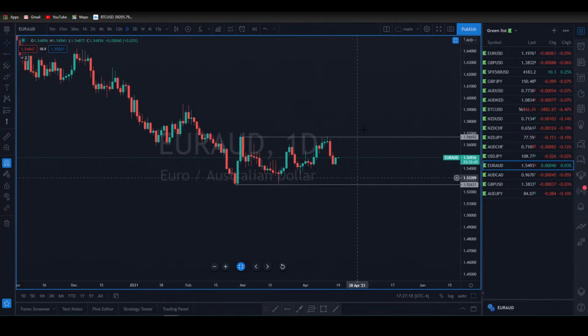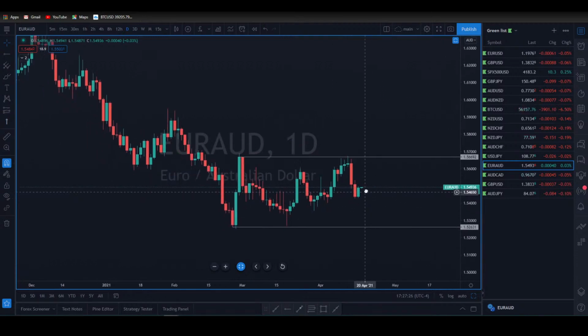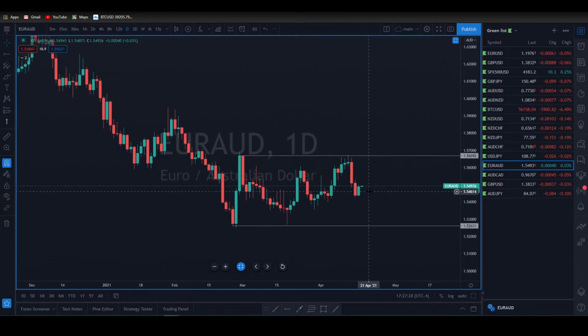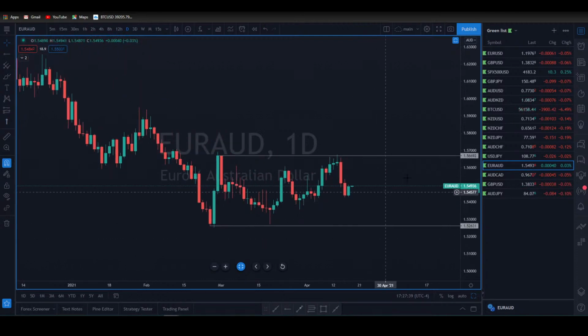So you're in a range, and right now you are in the middle of that range. Are there opportunities to take intraday trades? Yeah, probably, but why even waste your time, as I feel like there are just way better markets to look for something like that. So until you get a breakout above 1.56692 or a breakdown below 1.52631, I would leave Aussie or Euro Aussie alone.